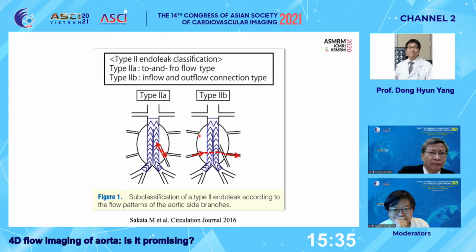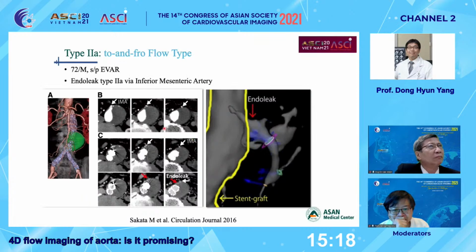By definition, type 2A shows a to-and-fro flow pattern, and type 2B shows an inflow and outflow connection type, as you can see in this panel. Take a look at this fascinating case of type 2A. Now you can see the to-and-fro pattern of blood flow in the inferior mesenteric artery, which means type 2A endoleak.